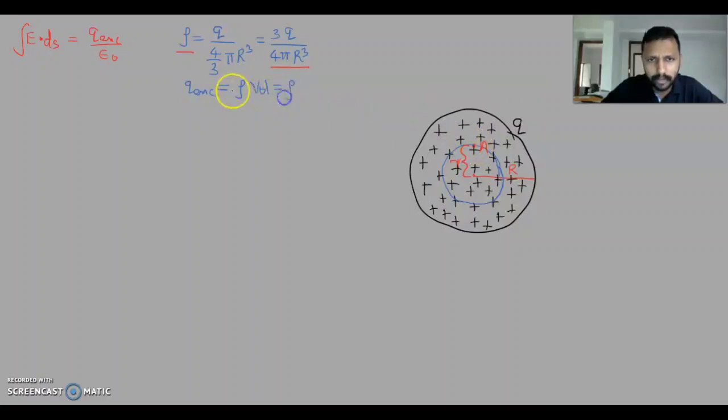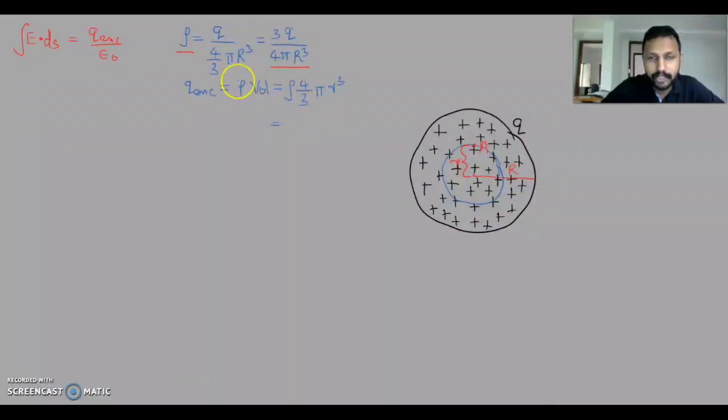What is the volume of this blue sphere? It will be 4 by 3 pi small r cube. Since we are talking about the volume of the smaller sphere, Q enclosed is rho into 4 by 3 pi small r cube.